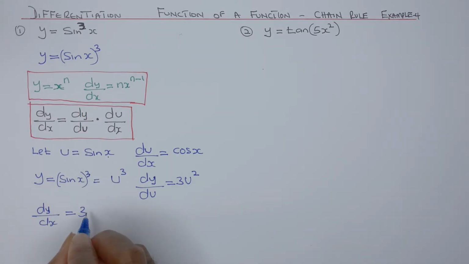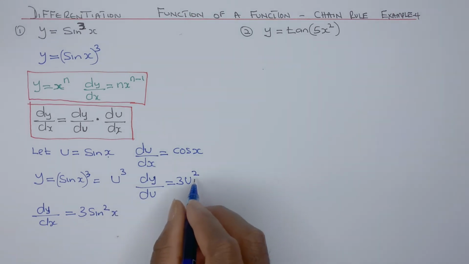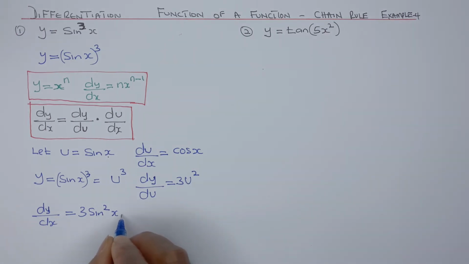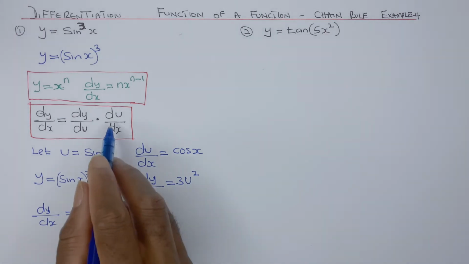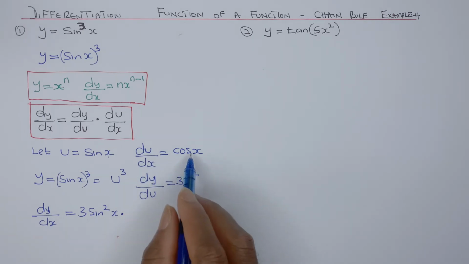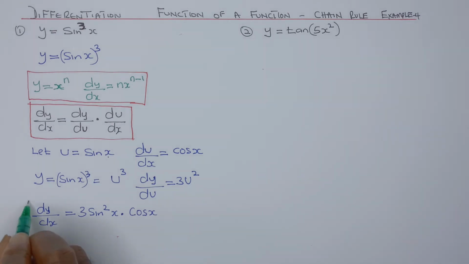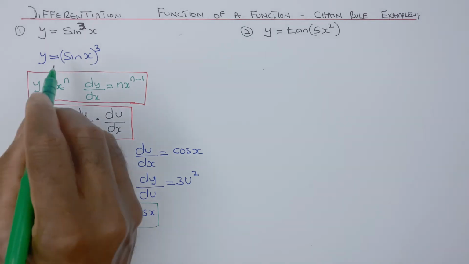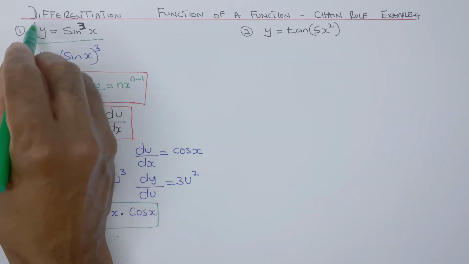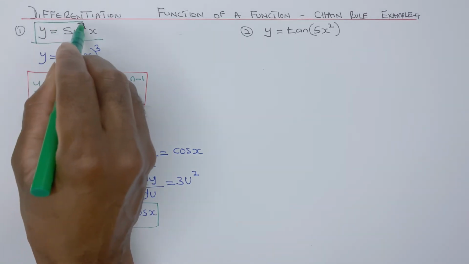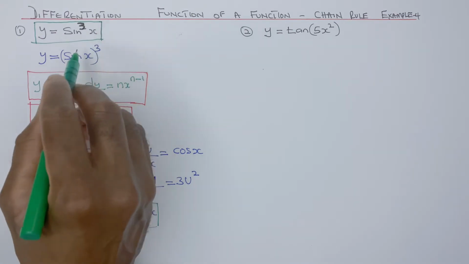So that'll be 3 sine squared of x, times du/dx. So du/dx is cos of x. Cos of x. And that's the solution to the differential of y equal to sine cubed x.